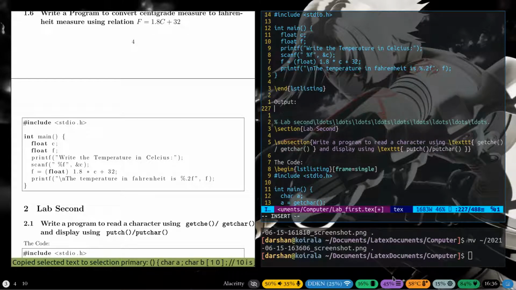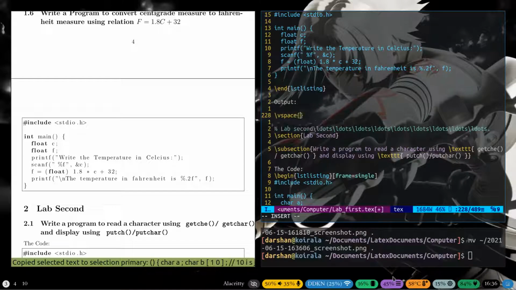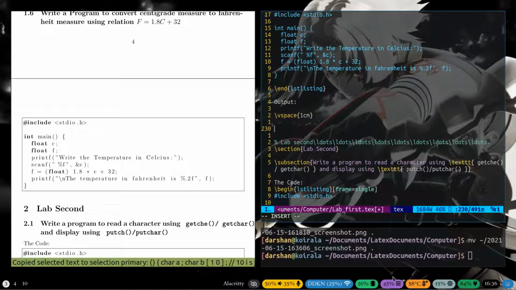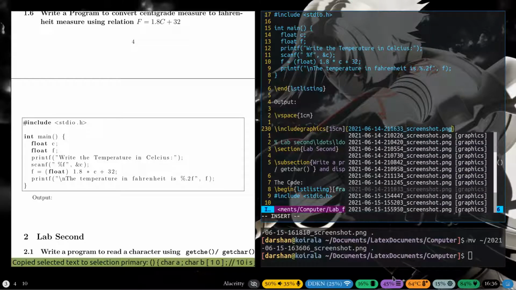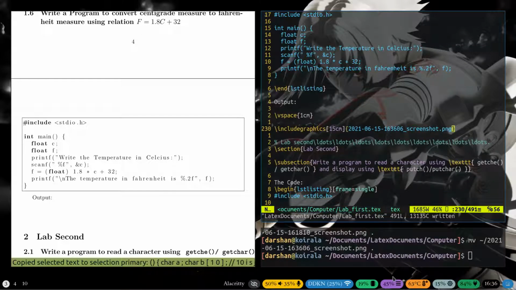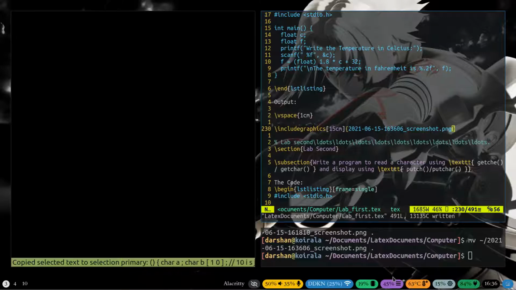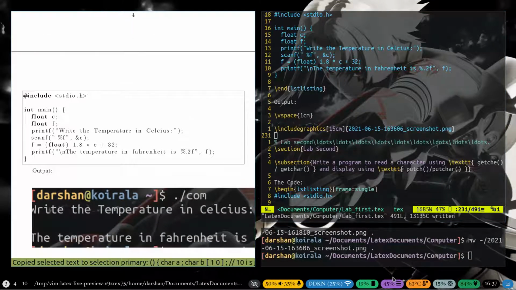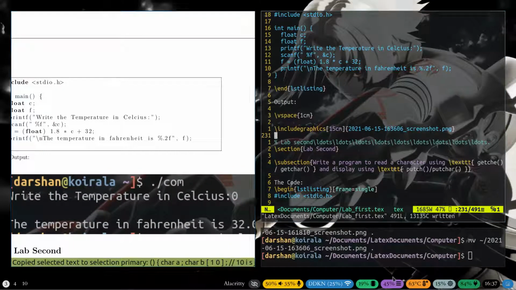Output, space 1 centimeter, include graphics 15 centimeter, and tab the last one. Okay. This seems to be too large at 15 centimeters. So I think 10 centimeters is going to be okay for this.